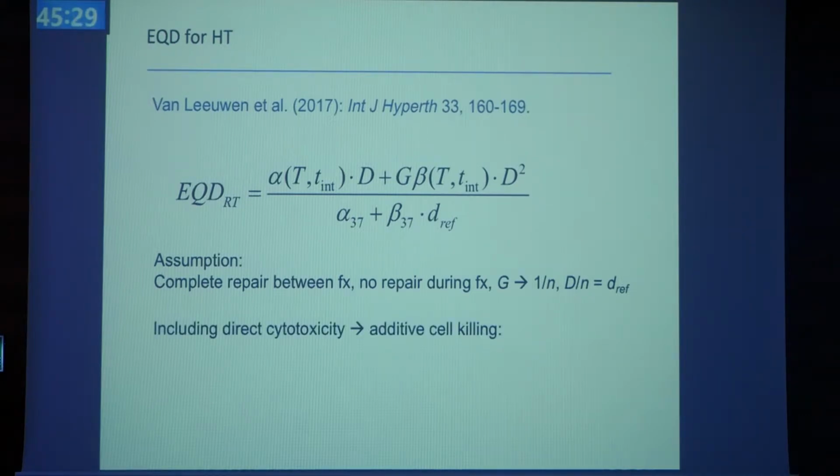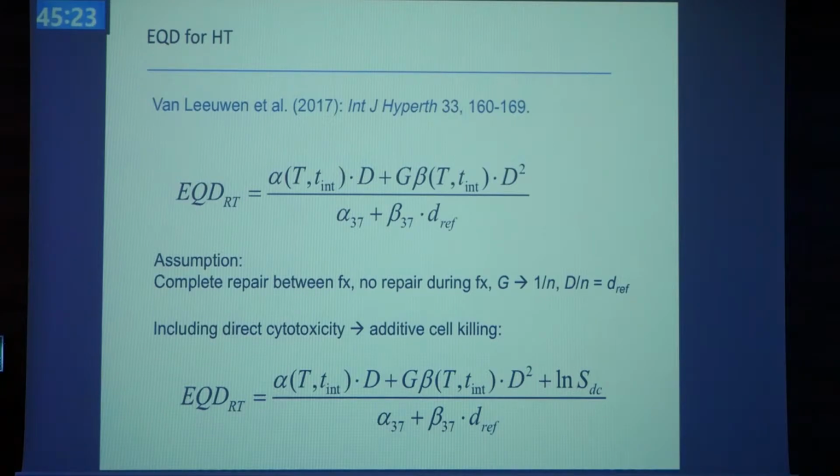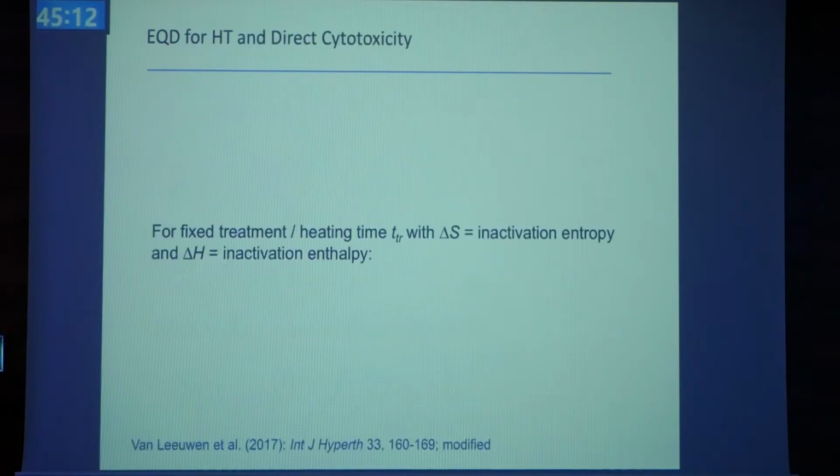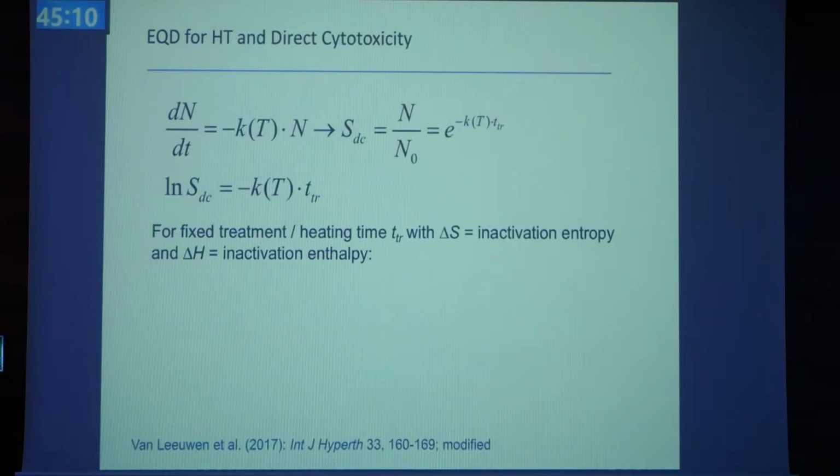This concept can be extended to direct cytotoxicity, to additive cell killing. The idea is that you have a contribution in the log of survival here from the direct cytotoxicity. And you can assume a sort of linear kinetics of cell killing.